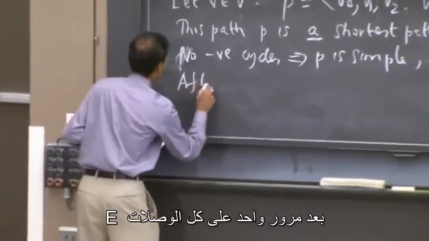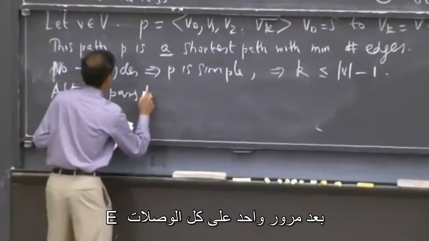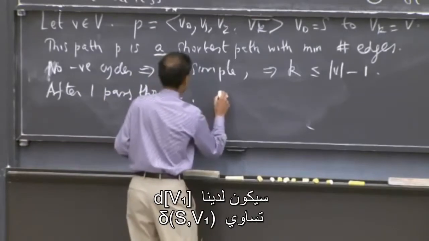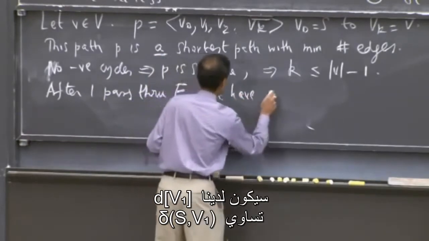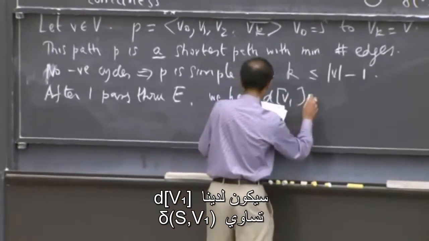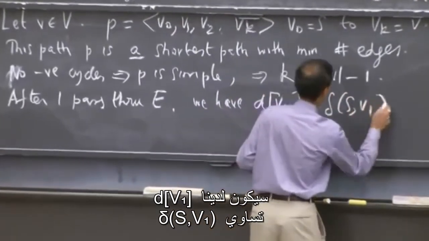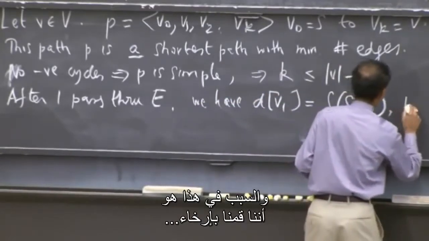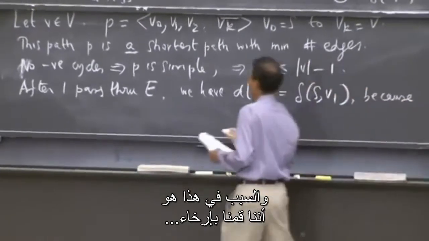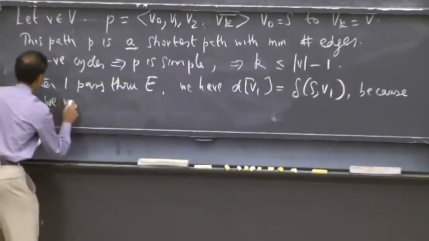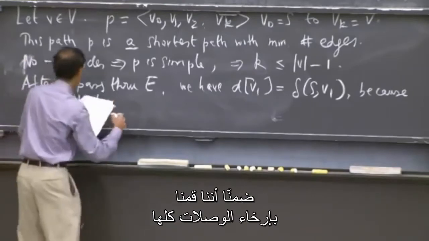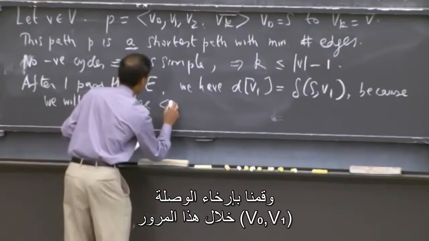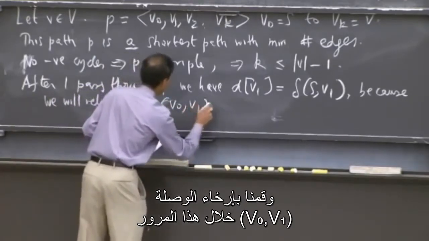So after one pass through all of the edges E, we have D of V1 equal to delta S V1. The reason for this is that we're guaranteed to relax all the edges, and we will relax the edge V0, V1 during this pass.